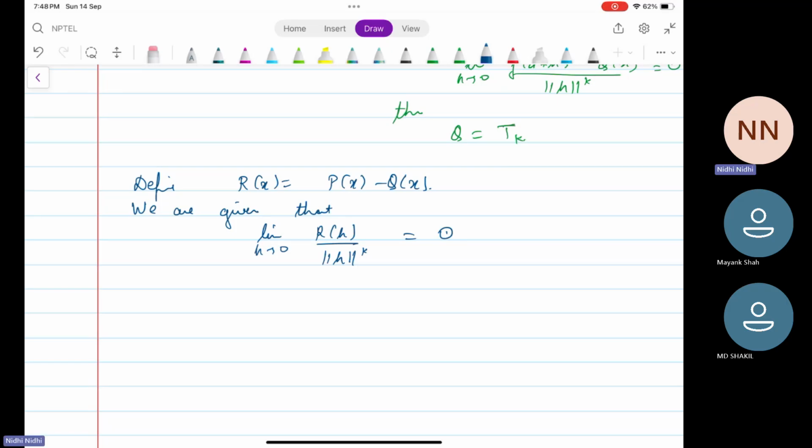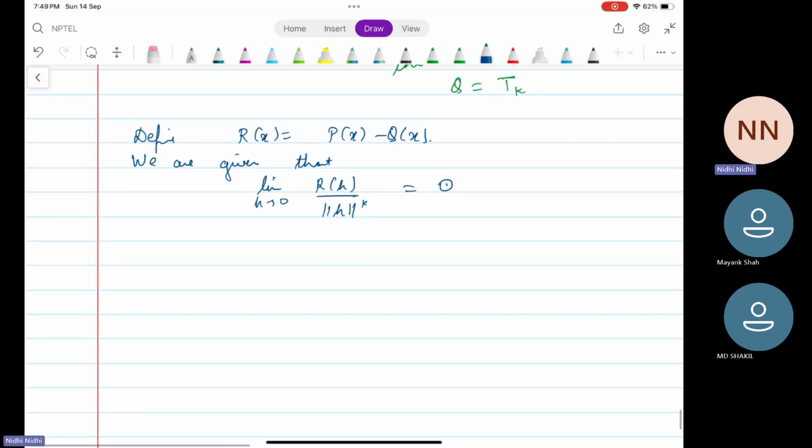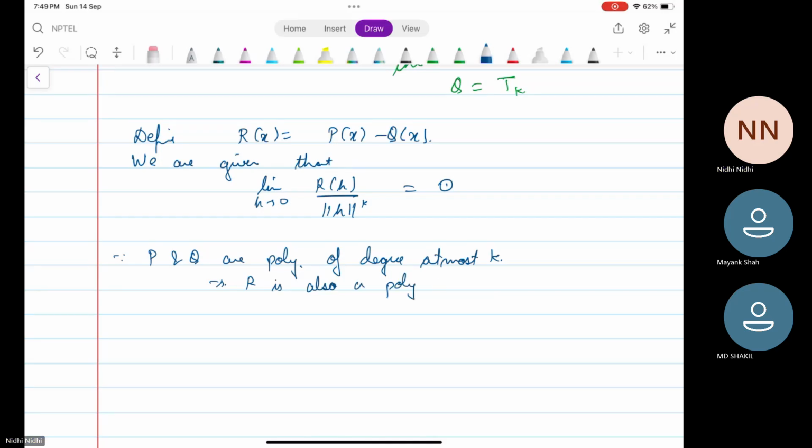Now since p and q are polynomials of degree at most k, this implies r is also a polynomial of degree less than or equal to k.